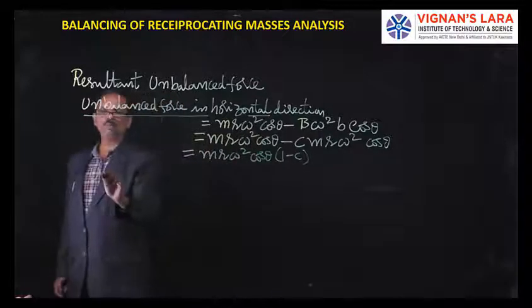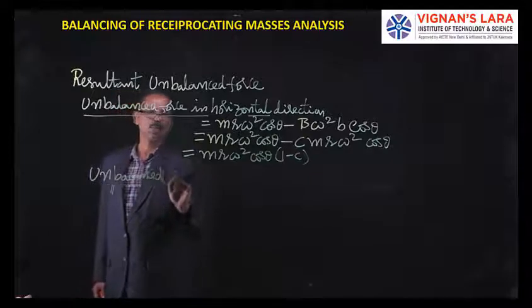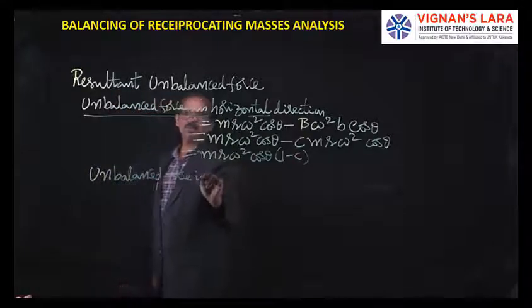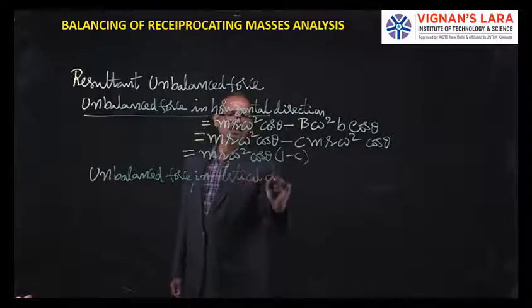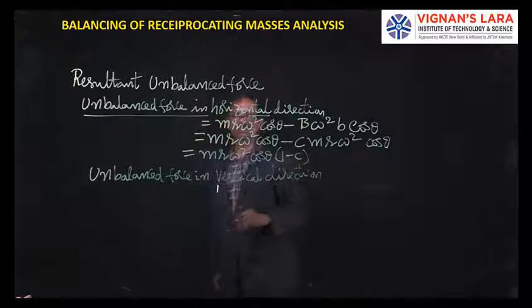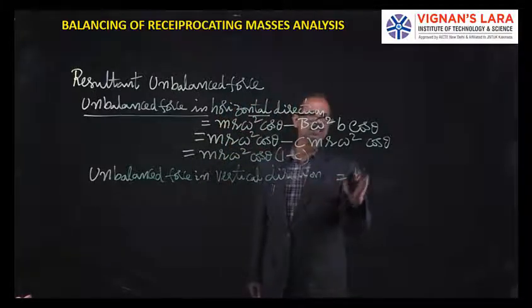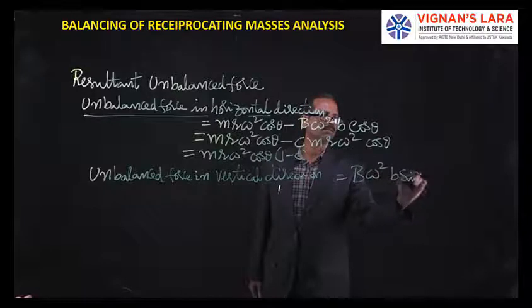Then what is the unbalanced force in vertical direction? So you can see in the diagram, the unbalanced force in vertical direction is b omega square b sin theta.